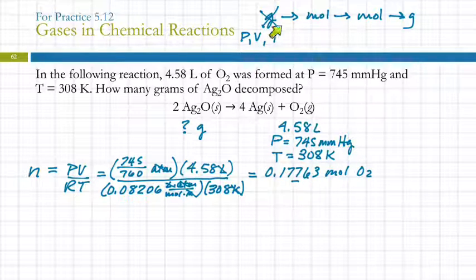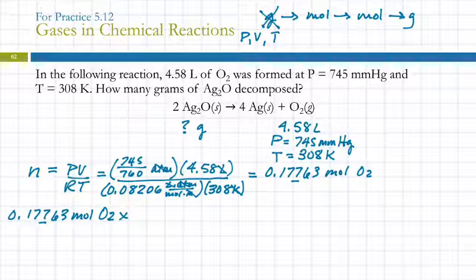This is moles, and so now I'm going to jump into my stoichiometry path here at moles. I'm going to convert to moles of Ag2O and then grams of Ag2O. So 0.17763 moles of oxygen. I don't want to round that yet because that could cause errors.